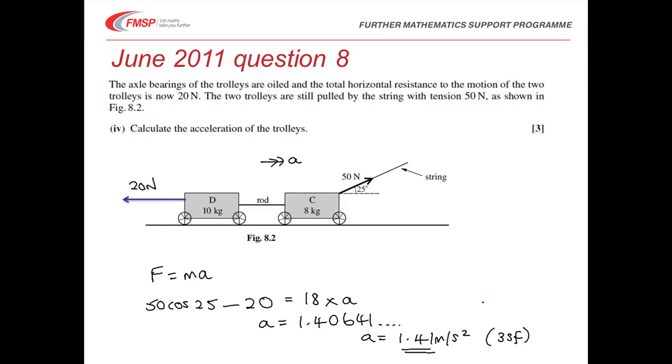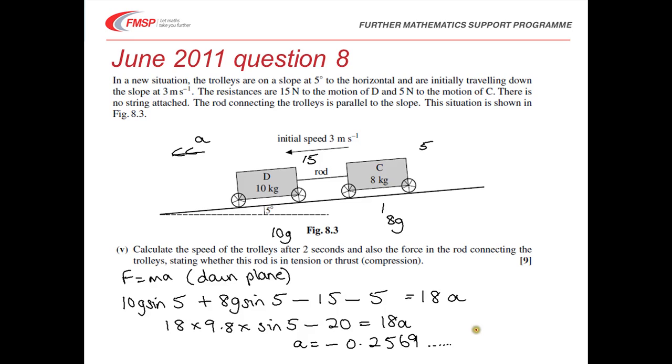Okay, moving on to part 4, and we have F equals ma, we were doing that to the right, and we get a method mark for applying F equals ma, accuracy mark for correct resolving, and an accuracy mark there for getting the final answer correct.